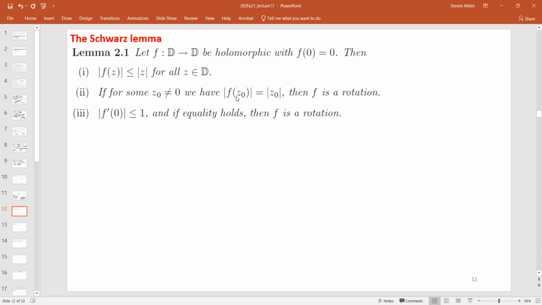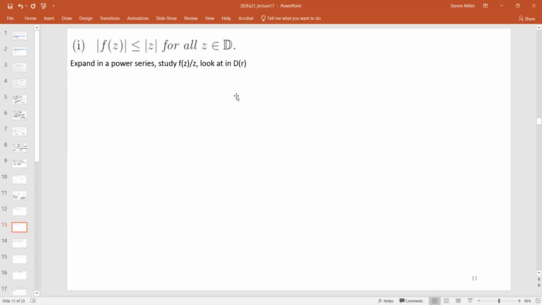All right. So the first one, the absolute value of f of z is less than or equal to the absolute value of z for all z in D. Is it possible that we could have an equality for all z? Yeah, f of z equals z, or more generally, f of z is e to the i theta times z. Any rotation can give us an equality.